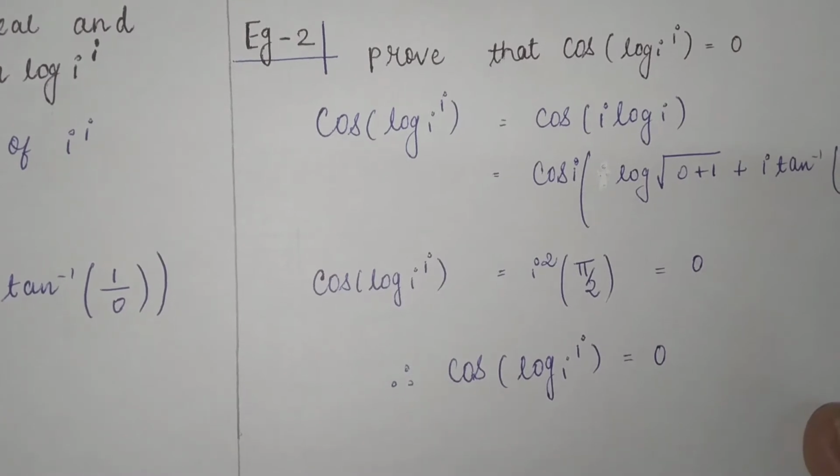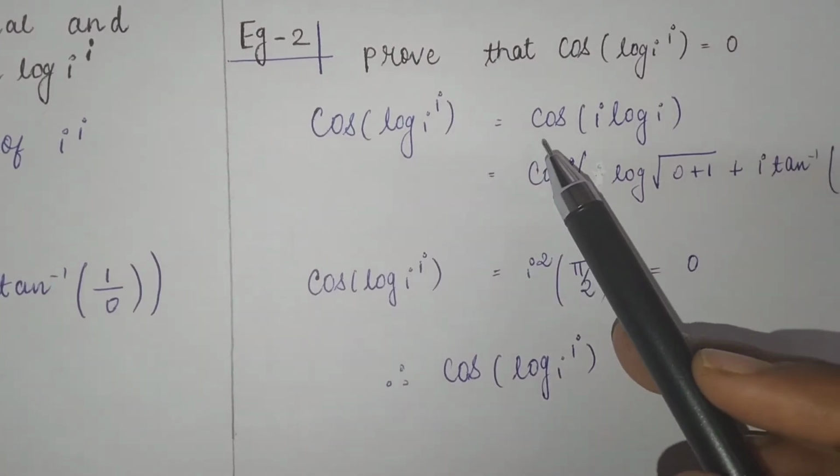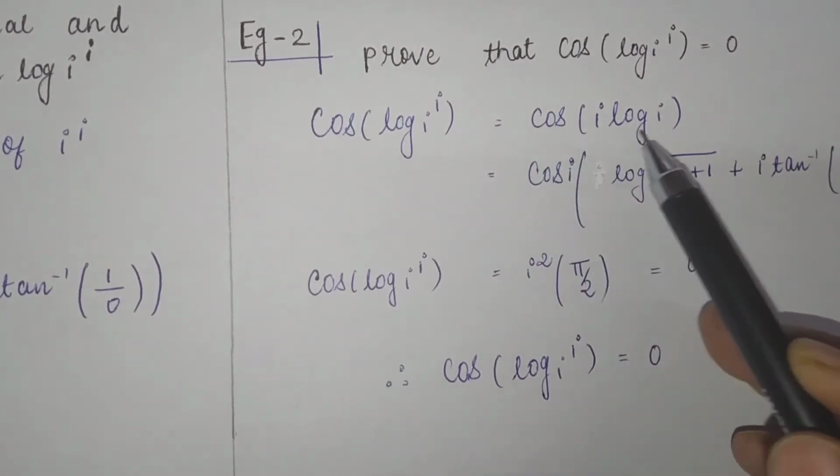Prove that cos of log i raised to i is equal to 0. Now again it is similar to the previous example, but here instead of sin, cos is given. Okay, so again we can write cos of i log i.